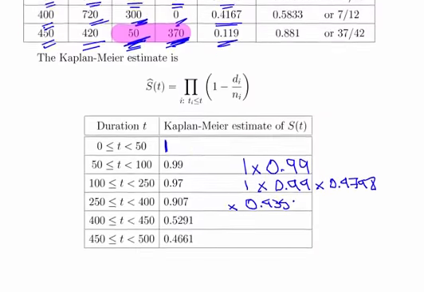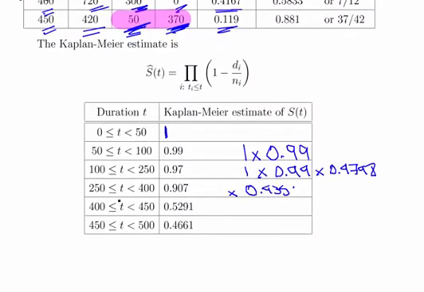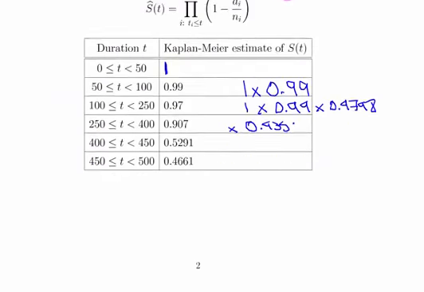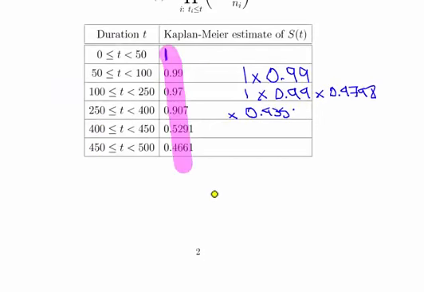I'm getting tongue-tied. Anyway, so that's taking into account the censoring, and so on. So it's essentially just consecutively and cumulatively multiplying all these numbers here, okay, to get these numbers here. So you can work that out with your calculator.